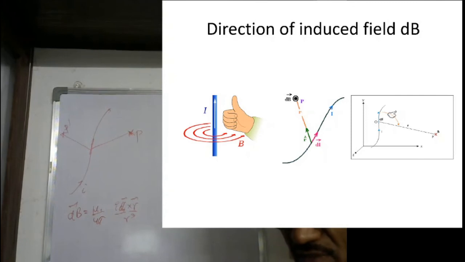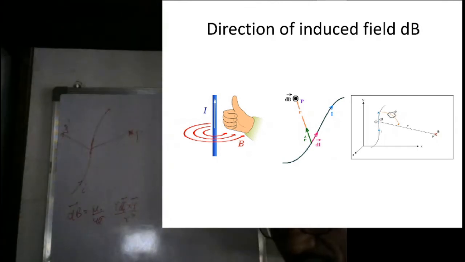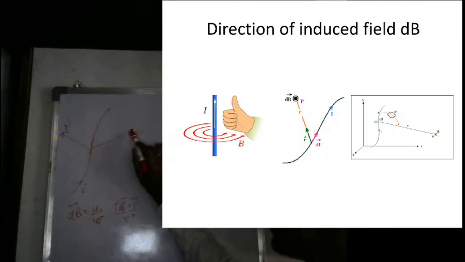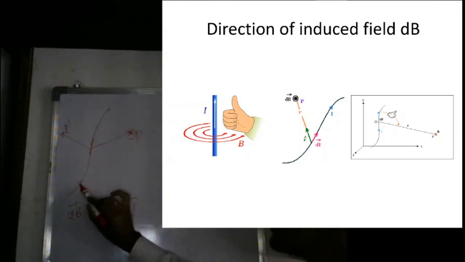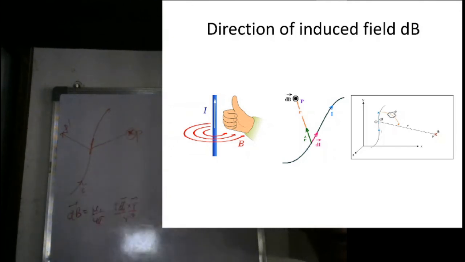See, in one diagram, when the point is on the right side, the direction of B is different. If your point is on the left side, then the direction of B will be different. In one diagram, you have the direction of current like this.